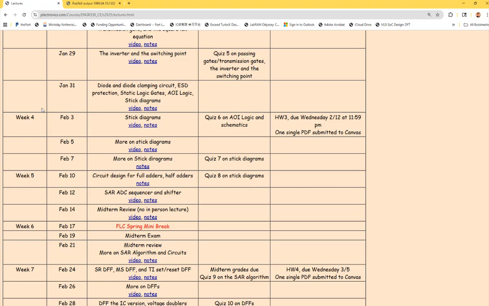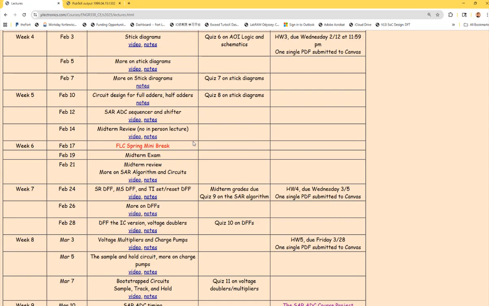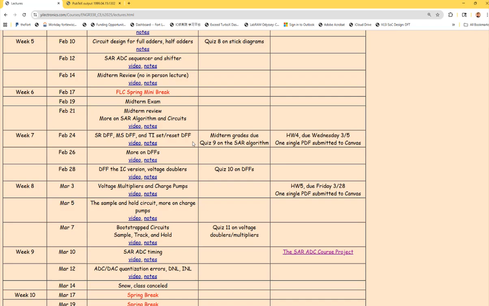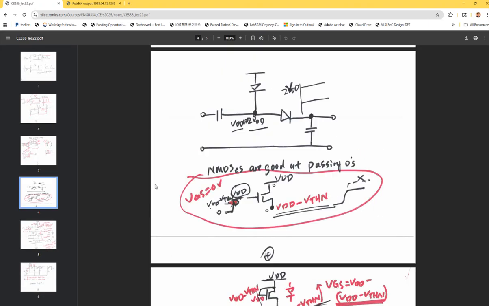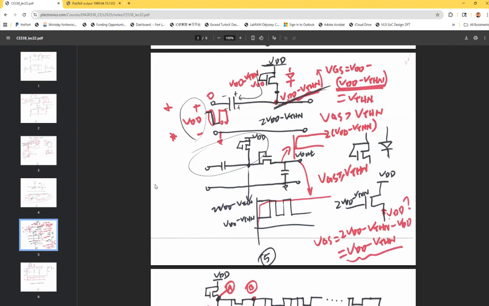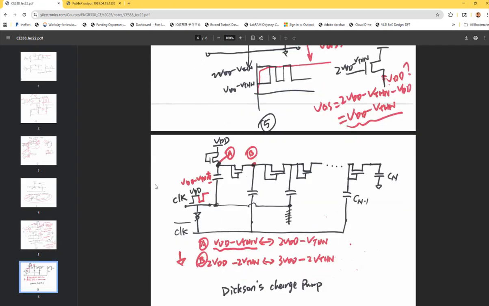Is it not? No, I think the schematic is right. Let me look at last semester's drawing here first, really quick. Here, right? It's the same schematic.